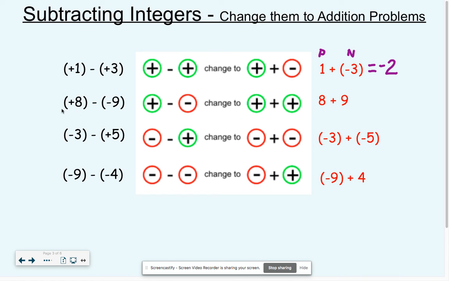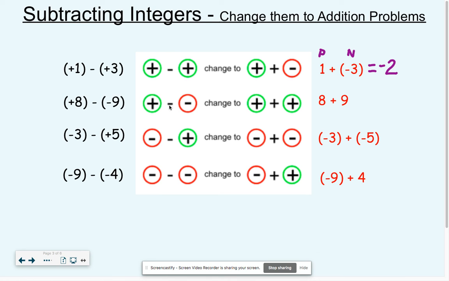In this case, we have a positive number minus a negative number. Now, this is where a lot of people don't understand what happened. There's a good old phrase: two negatives make a positive, or two wrongs make a right. Maybe you've heard that saying before.